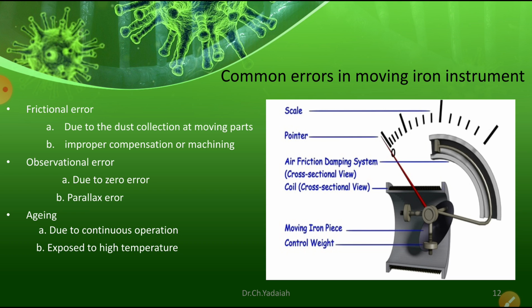At the same time, another error is hysteresis error due to the frequency, and another is the eddy currents. They affect more in AC operation, because eddy current loss is proportional to the square of the frequency.